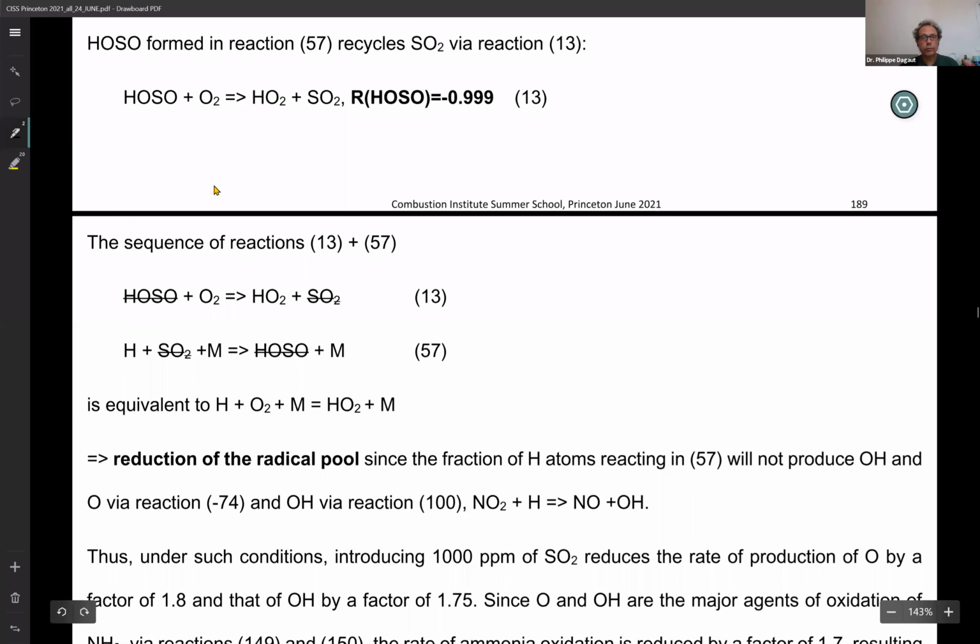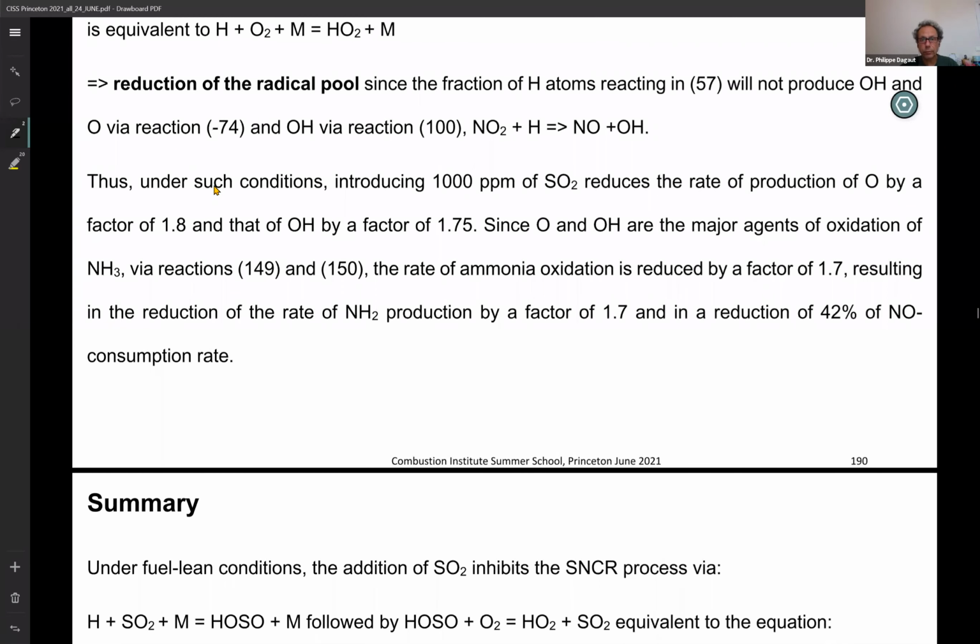So under such condition, introducing 1000 ppm of SO2 reduces the rate of production of O atoms by a factor of almost 2, and that of OH by a factor also of almost 2. And because O and OH are the major oxidation agents for ammonia, the rate of ammonia oxidation is reduced by also a factor of almost 2, resulting in the reduction of the rate of NH2 production by a factor of about 2 again, and in a reduction of 42% of NO consumption rate.